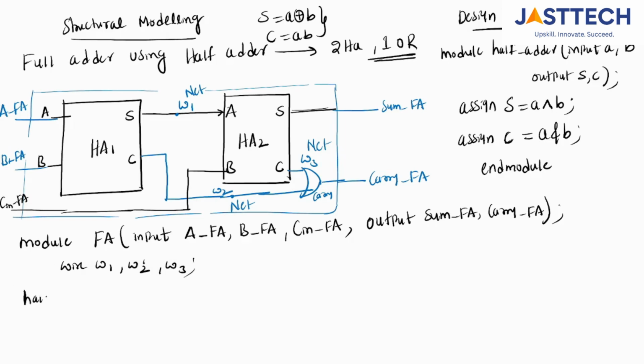So the first half underscore adder, let us take HA1. This is the instance name.